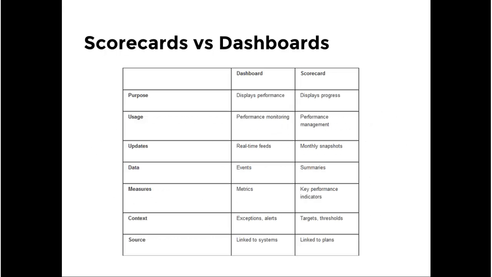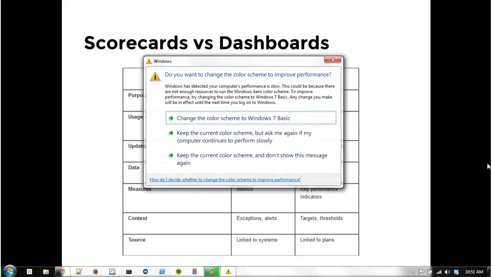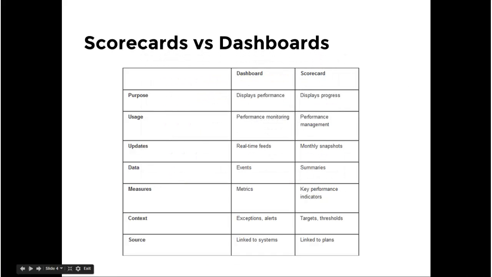A scorecard, on the other hand, is really about progress against goals. So if you look at this sort of matrix here, you can see on some key issues around data and communication, you can see there that purpose, usage, updates, and whatnot, that dashboards and scorecards differ in a number of ways. So first off, a dashboard displays performance.